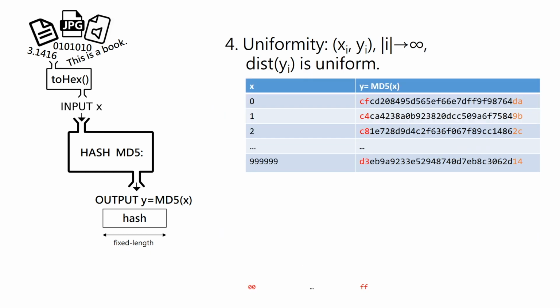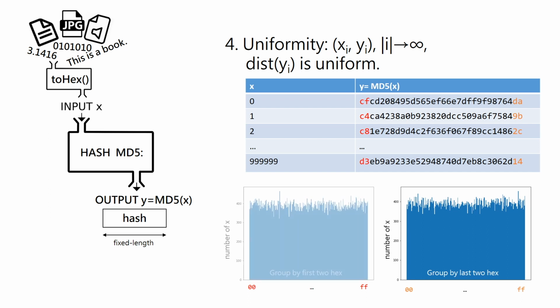Fourth, the outputs of a series of inputs are approximately uniform. Let's make an observation of MD5 output. We use 0 to 100,000 as the input, and there are the hash values. We group the hash values by their first two hexadecimal digits.